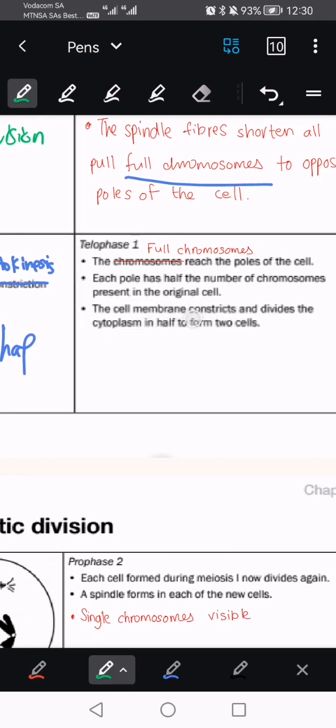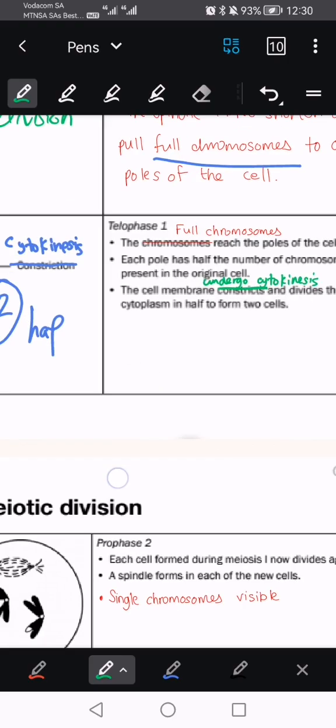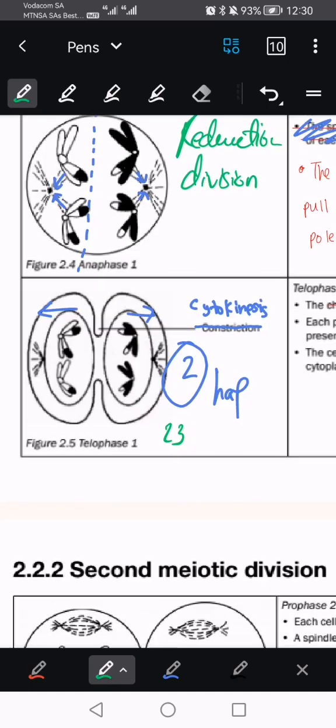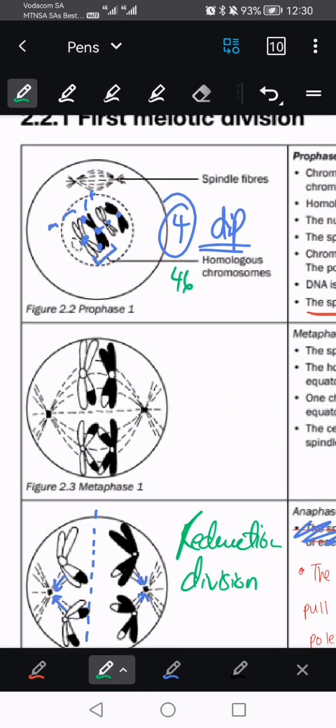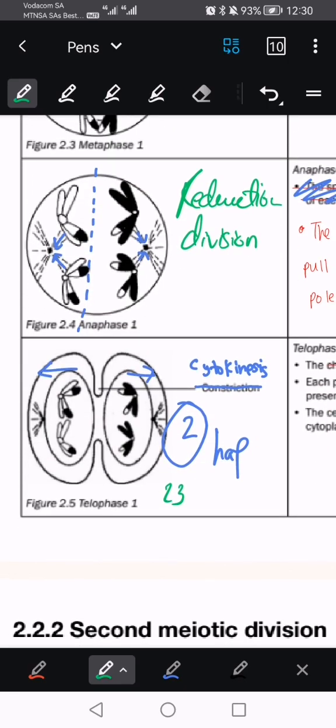The cell membrane undergoes cytokinesis and divides the cytoplasm in half to form two cells. But remember, here we had one cell, now we have two cells, but the significance is that one cell had four, and these two separate cells contain two chromosomes each.